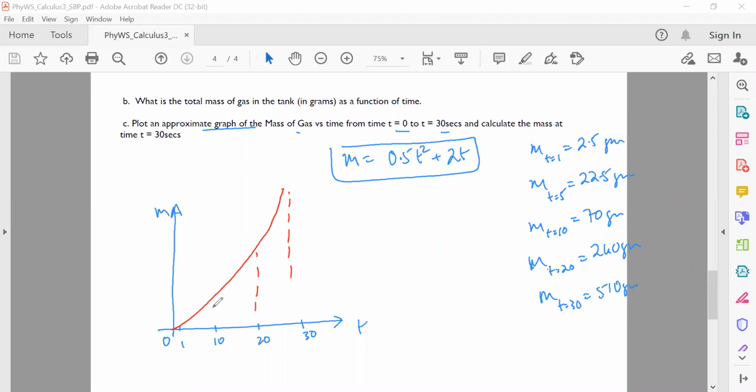As a non-linear kind of shape, it rises very rapidly from these values. Okay, so hope this question is clear to all of you now.